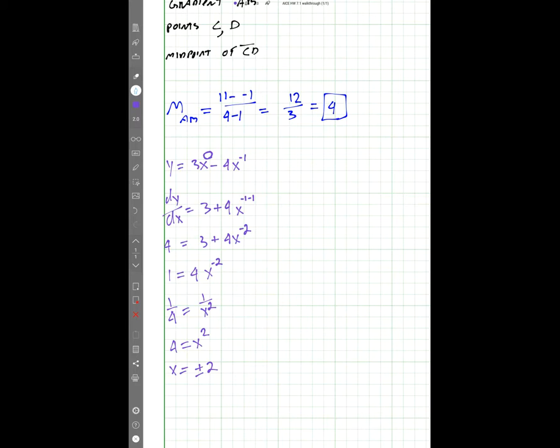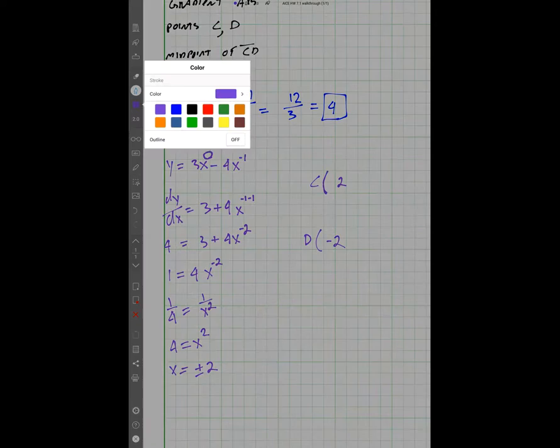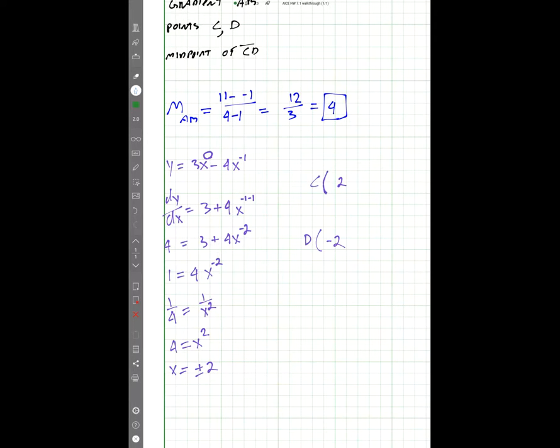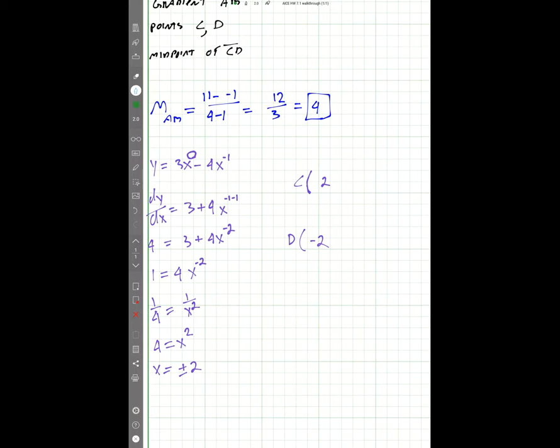So those are the points for C and D. If I'll say this is C, and this is D, 2 and negative 2. So I just put it back into our equation and evaluate. So 3 times 2 minus 4 over 2 gives me 4.